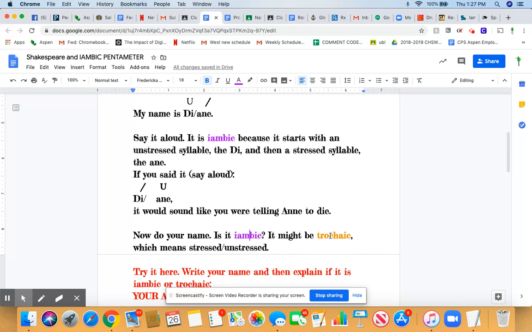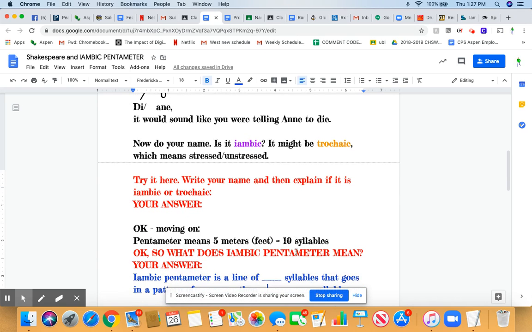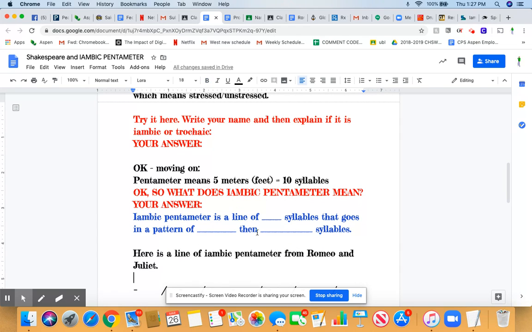If the first syllable is stressed and the second syllable is unstressed, then it is trochaic. Okay? So try yours and let's hear how it sounds. On your paper, you're going to write your answer afterwards. So we're going to move on. I have time to do that when you go back onto your actual document.